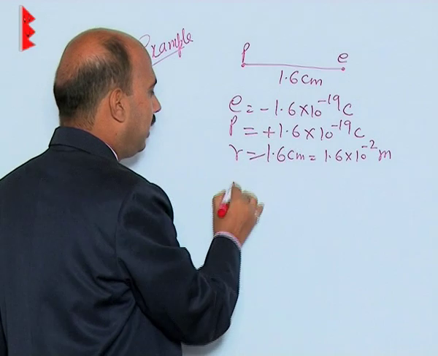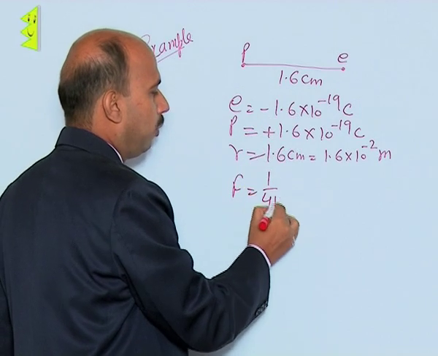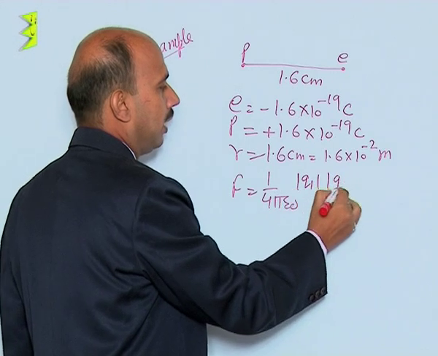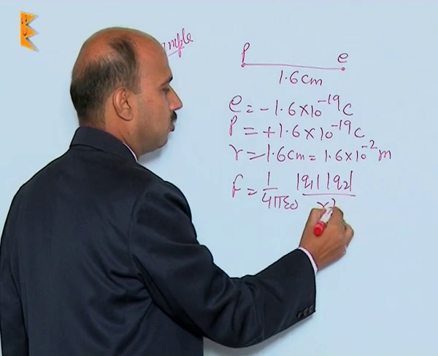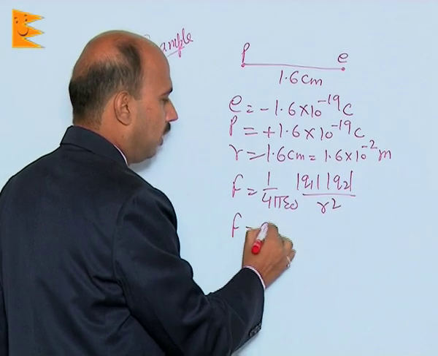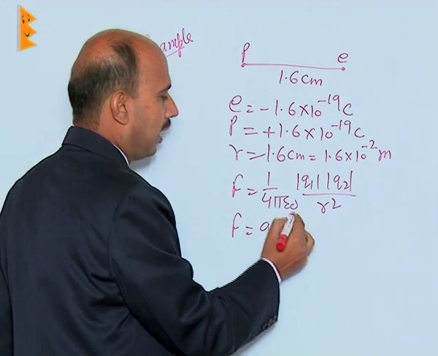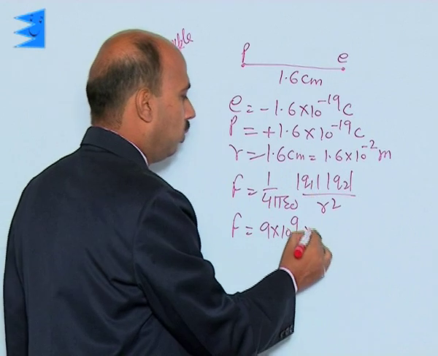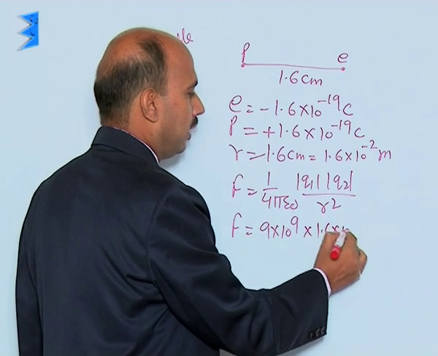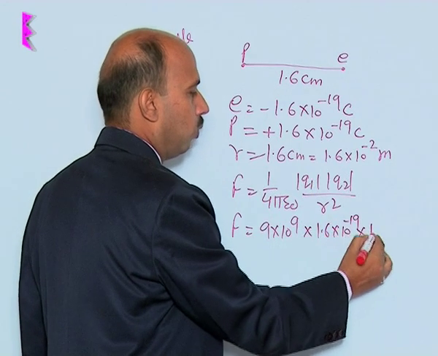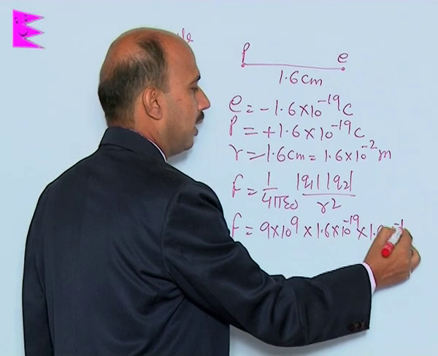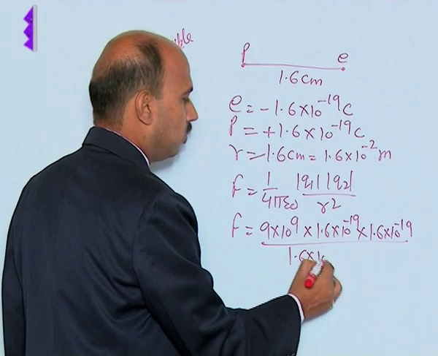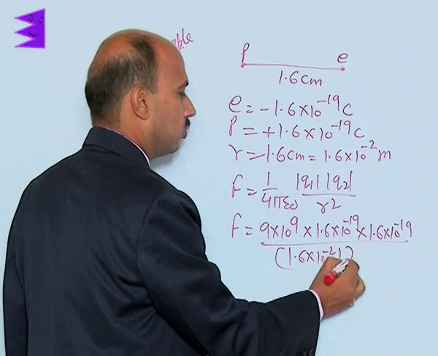Now force can be written here F is equal to 1 upon 4 pi epsilon naught magnitude of Q1 and Q2 divided by R square. So F is equal to 9 into 10 raised to power 9, that is the value of 1 upon 4 pi epsilon naught, into 1.6 into 10 raised to power minus 19 into 1.6 into 10 raised to power minus 19 divided by 1.6 into 10 raised to power minus 2 whole square.